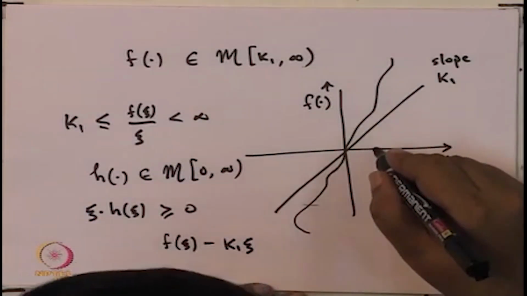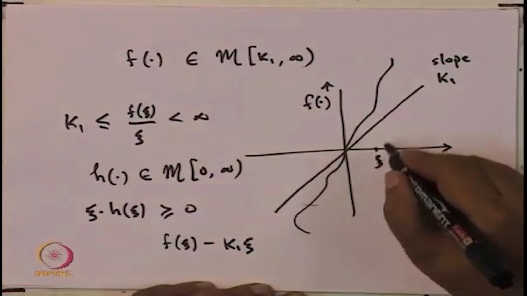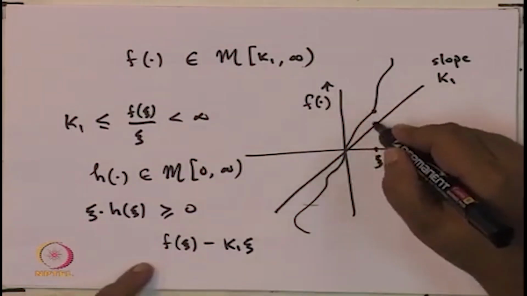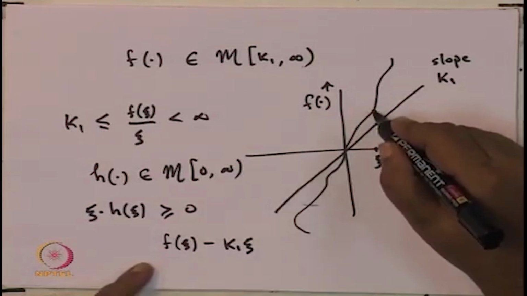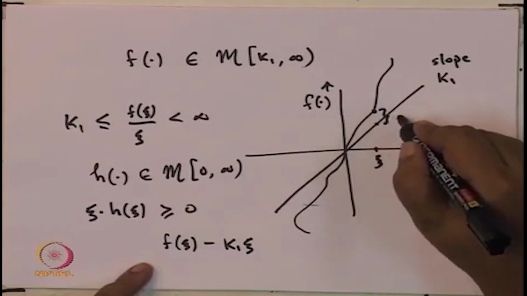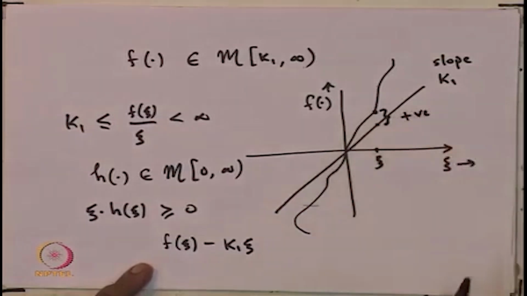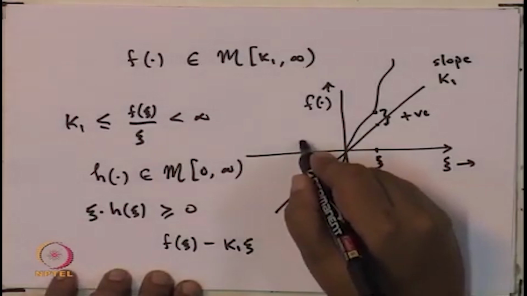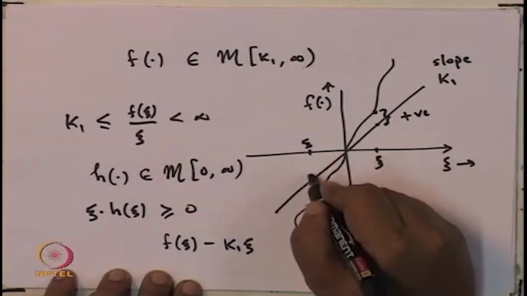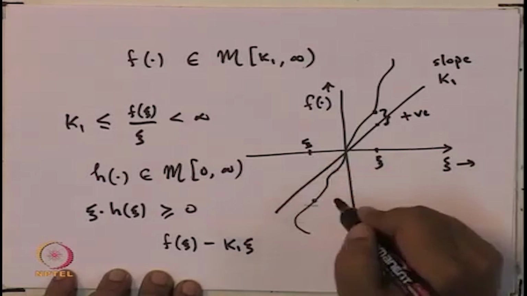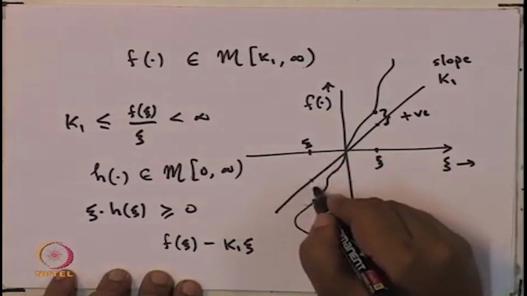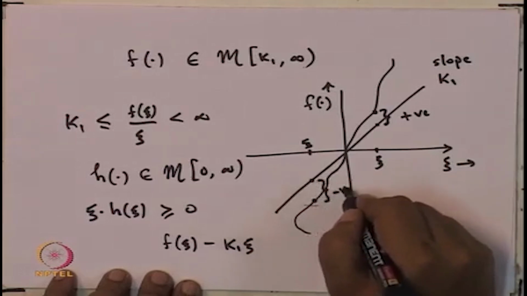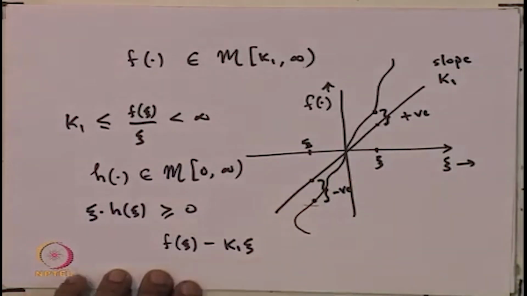For example, if I look at this particular psi, this is f of psi, and so f psi minus K1 psi is this portion here, which is positive. On the other hand, if I take a psi which is negative, then f of psi is here, and this is K1 psi, and therefore this quantity here is negative.